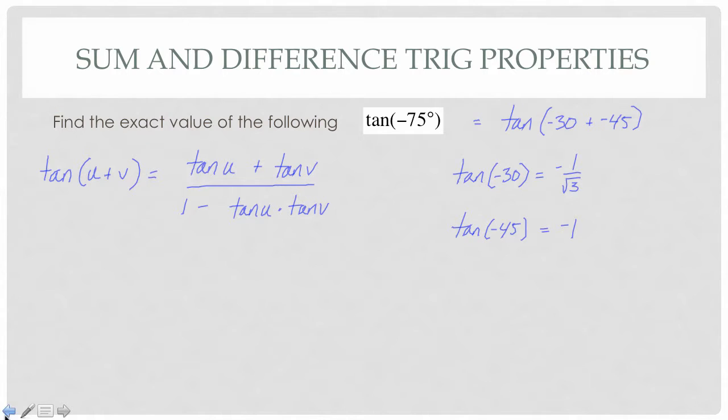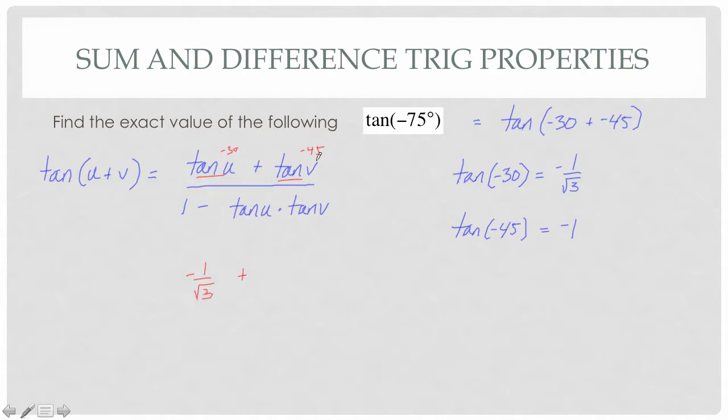All right, let's put it all together. So there's my 30. So in here I'm going to do negative 30. That's going to be negative 1 over square root of 3. That's the tangent of negative 30 degrees right here. Plus the tangent of negative 45.